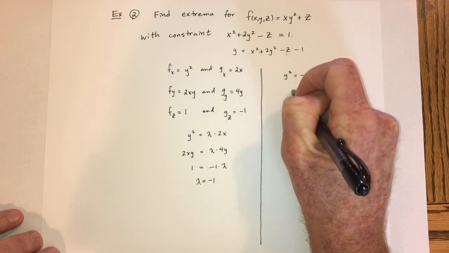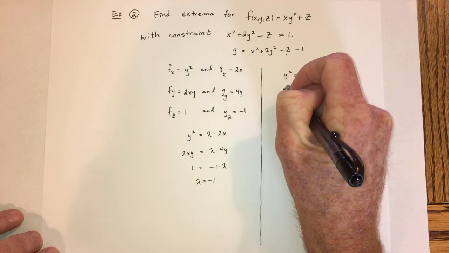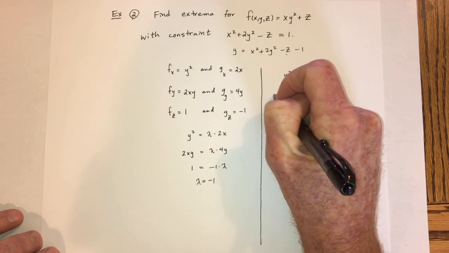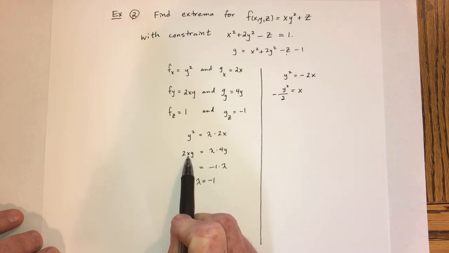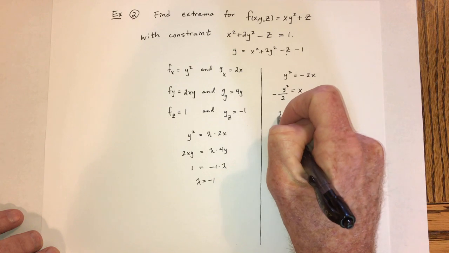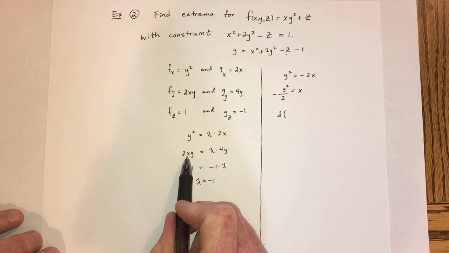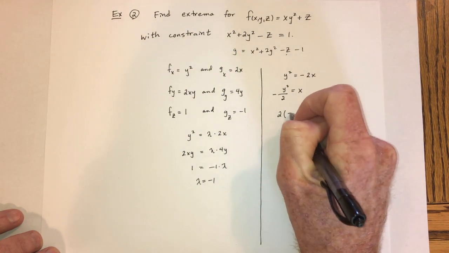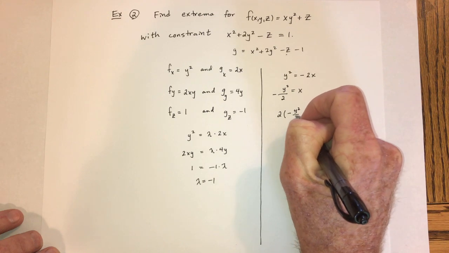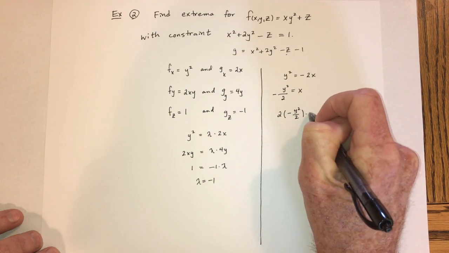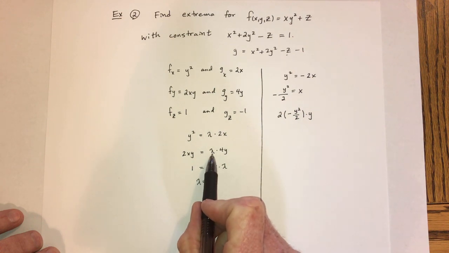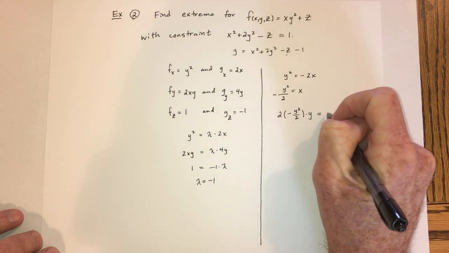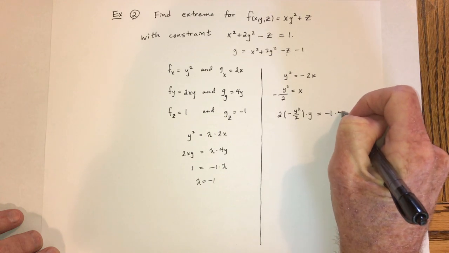So x is going to equal y squared over negative 2. And then we could substitute that right here. So that would say 2 times, and now replace the x with negative y squared over 2, and then times a y, and then equals, replace the lambda with the negative 1 times 4y.